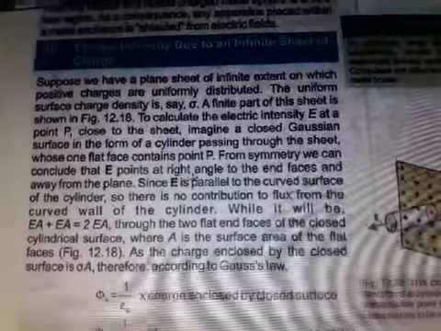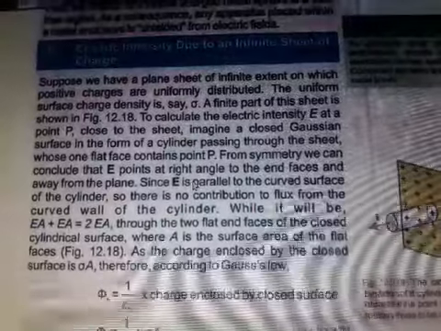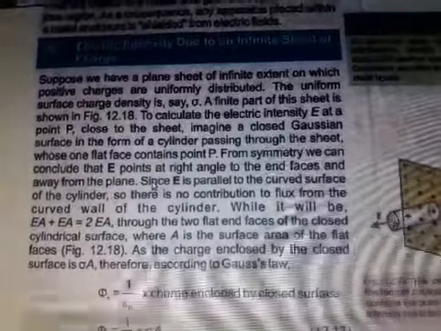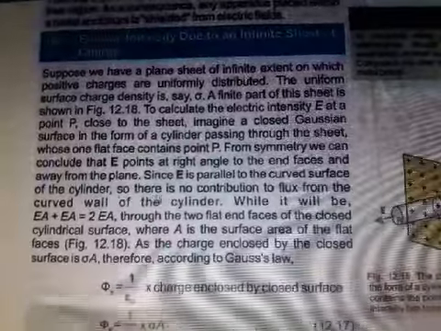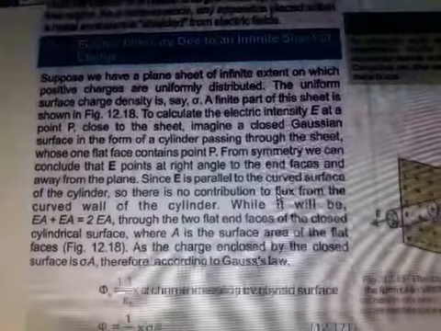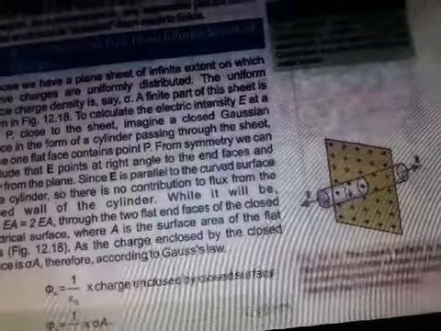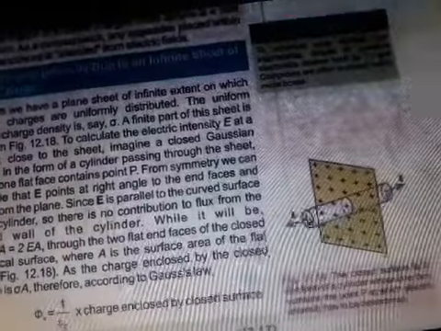that E points at right angles to the end surfaces and always away from the plane. Since E is parallel to the curved surface of the cylinder, there is no contribution to flux through the curved surface of the cylinder, as we have already discussed that through this surface of the cylinder the flux is zero. The only contribution is along these end surfaces.